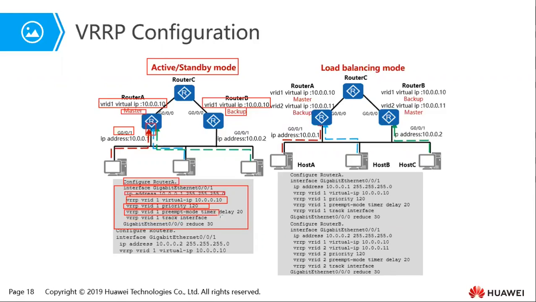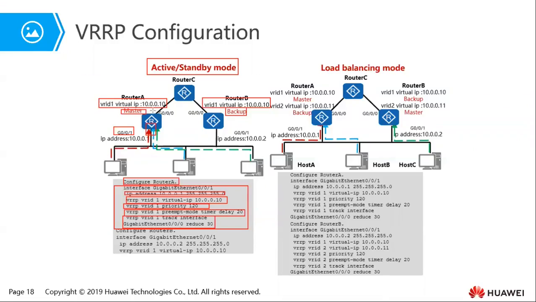Then we can also choose the preempt mode and the delay. So before you preempt, you have to delay for 20 seconds. Then we can also configure what we call track interface. Track interface is used to actually monitor the uplink.